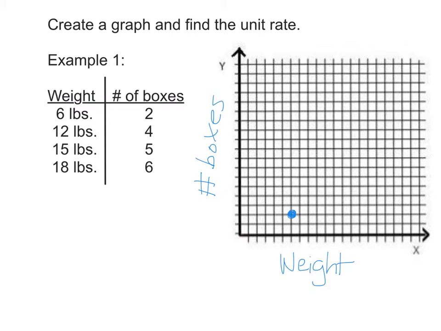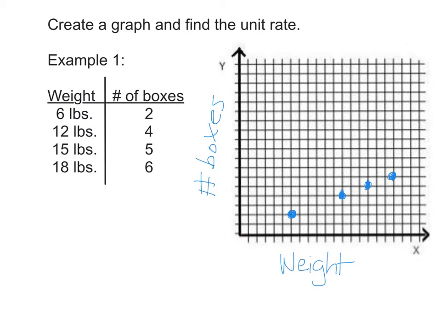Then we graph 12, 4. 1, 2, 3, 4, 5, 6, 12, 4 would be this point. 15, 5 is this point. And 18, 6 would be this point.